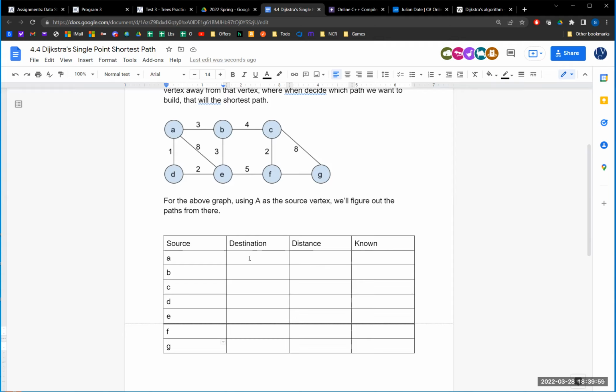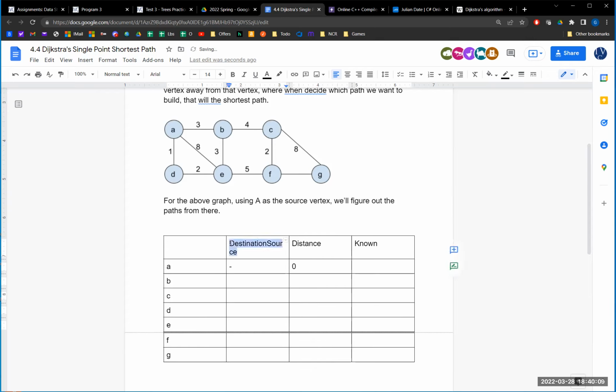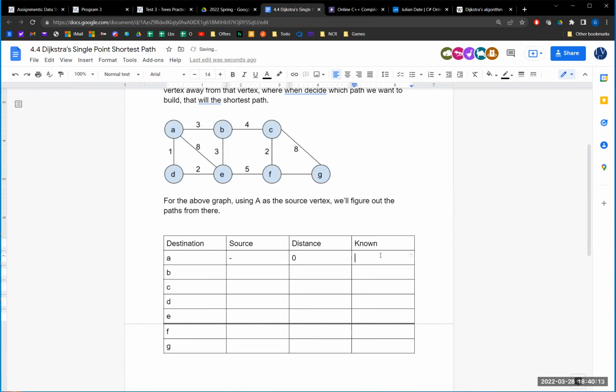So our initial state, and I got this backwards, sorry, I got my source and destination backwards. In our initial state, everything is false. We don't know how to get to B from A just yet, or how much it costs to get there.